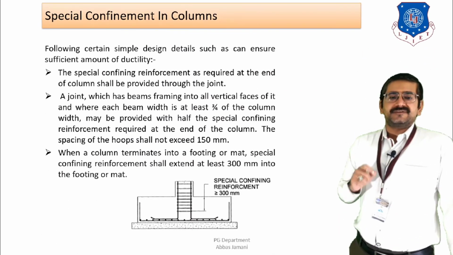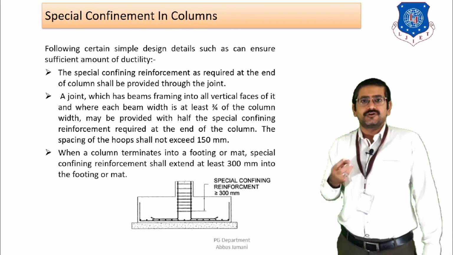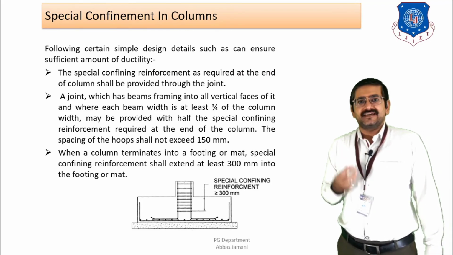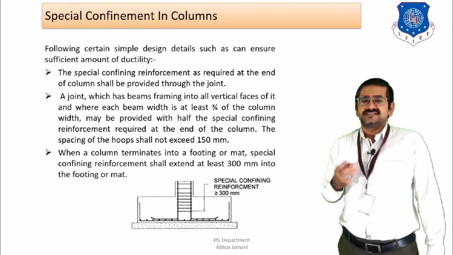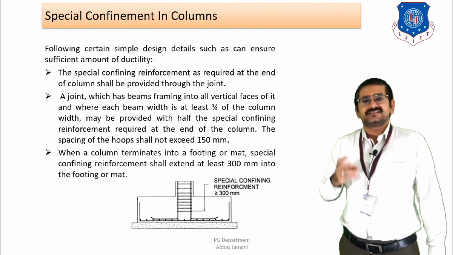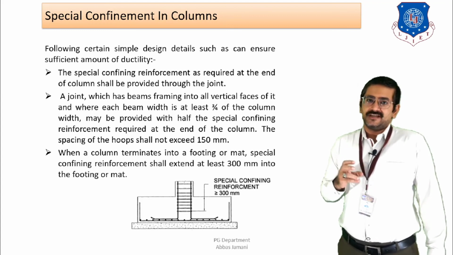Lastly, we come to the special confinement near the column and the footing joint. Near the column and footing joint, IS 13920 is saying that the minimum anchorage or special confinement reinforcement should be at least 300 mm inside the footing, in case of beam footing joint also.